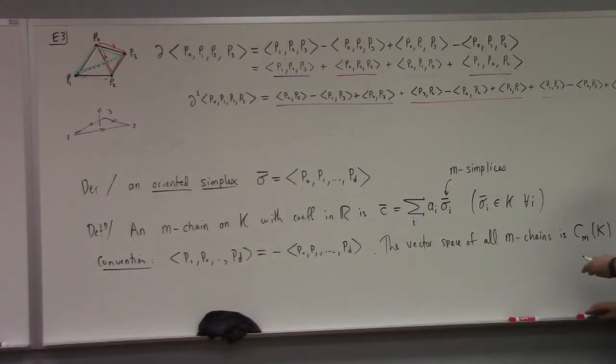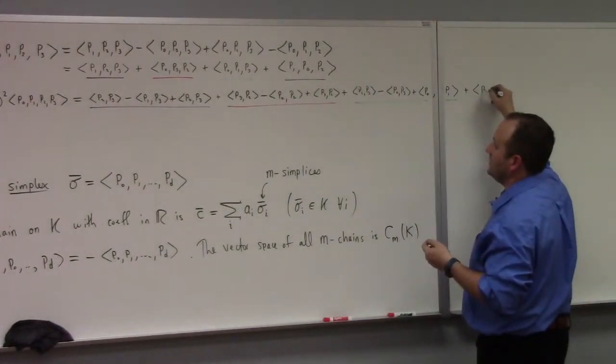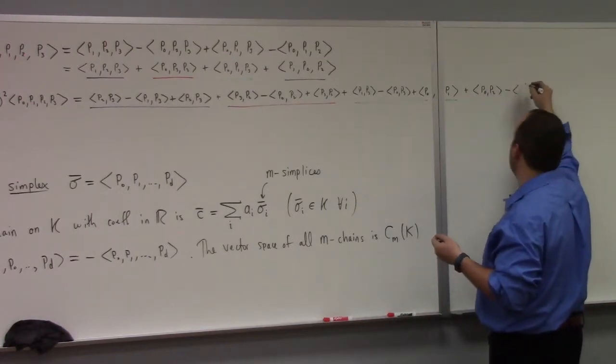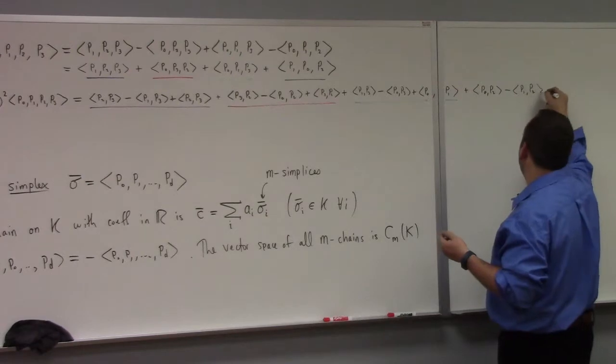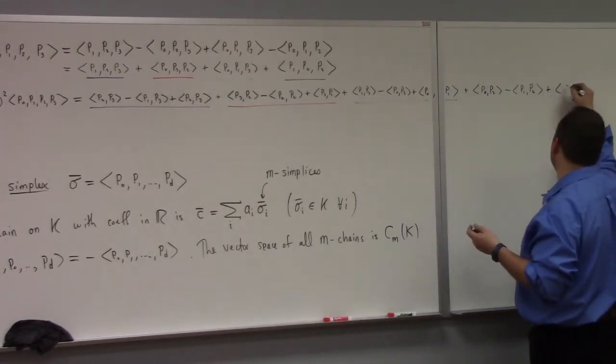And then the last one, P0 P2 minus P1 P2 plus P1 P0.